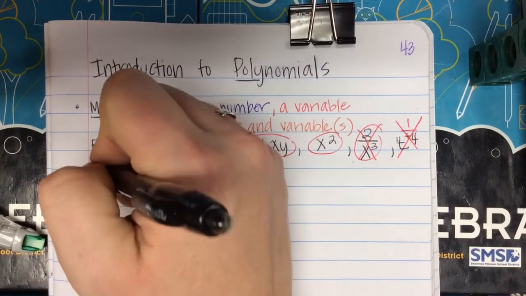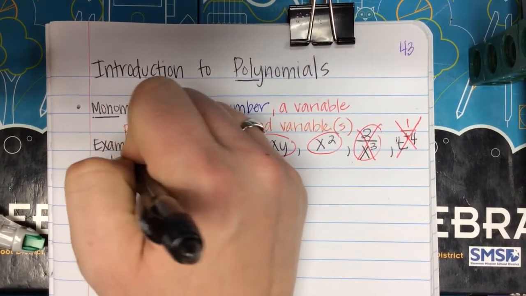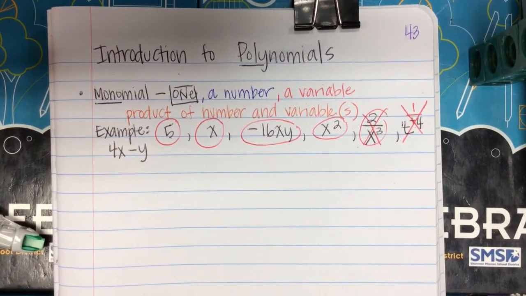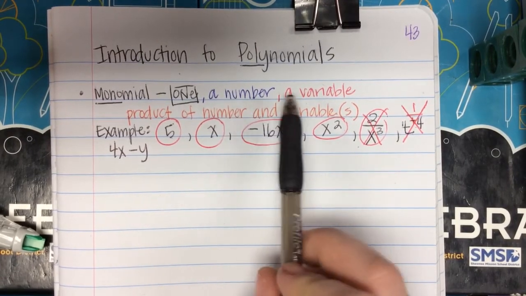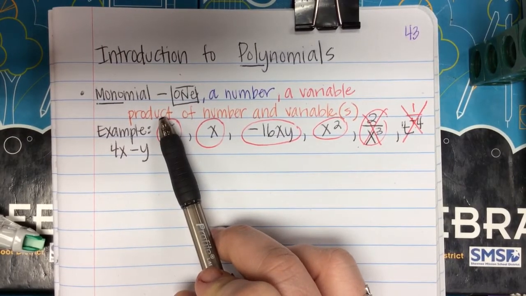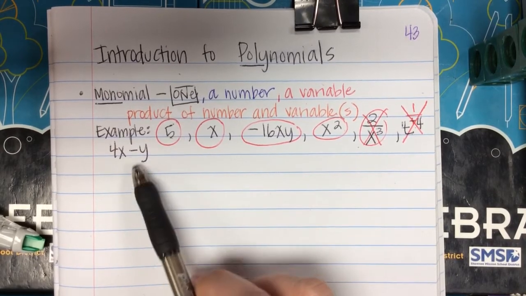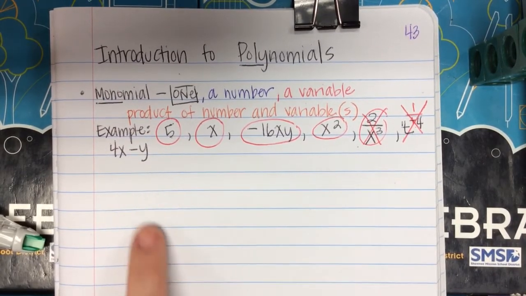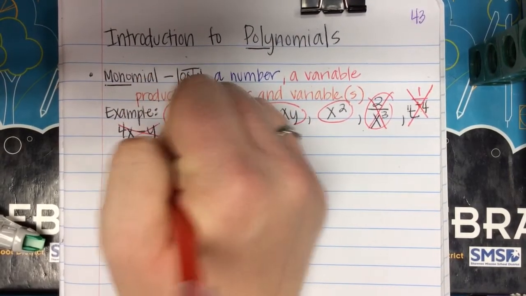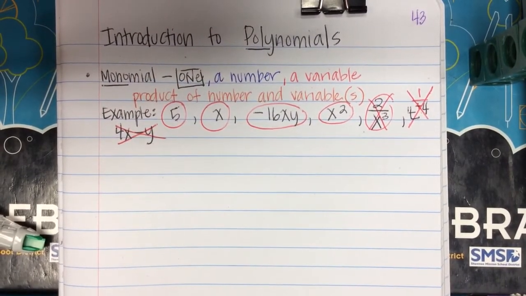How about 4x minus y? Is there a number? Is there a variable? Is there multiplication? But there's something extra, isn't there? What's extra? The minus, the subtraction. So no, this one doesn't work either. Do you understand how to identify a monomial?